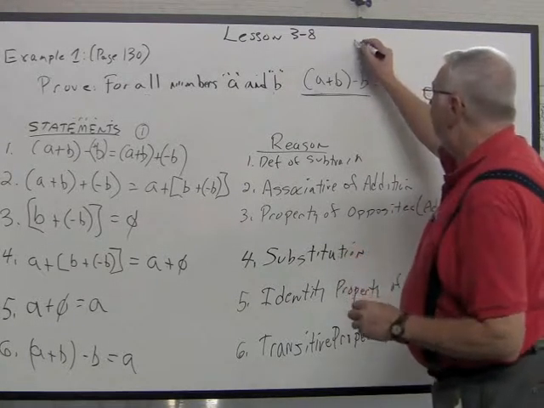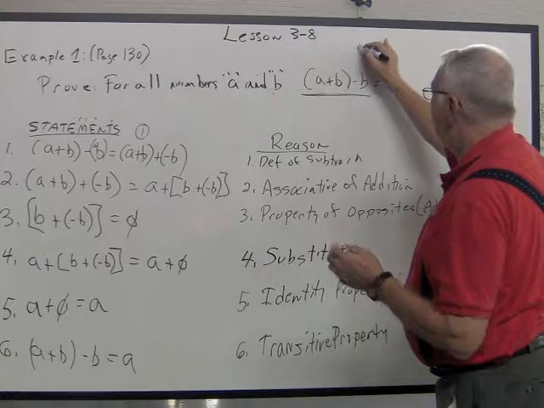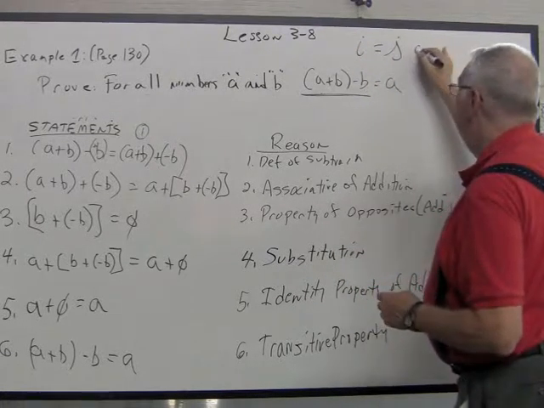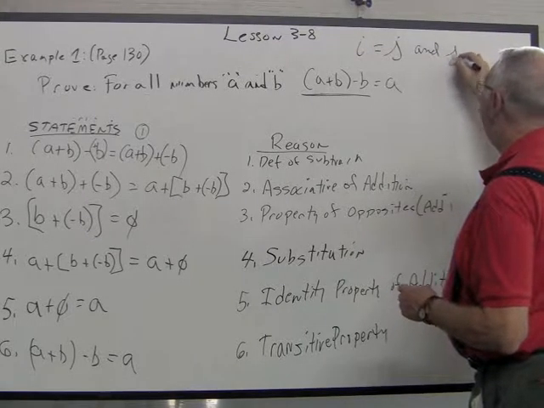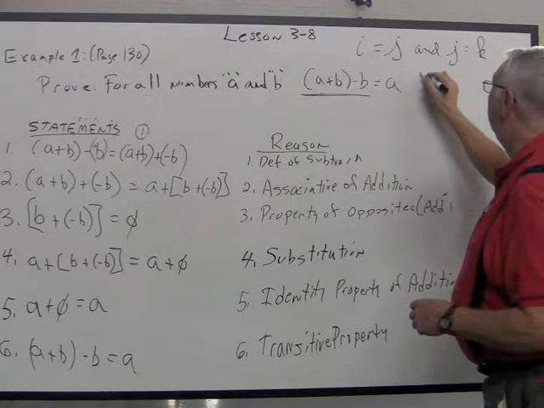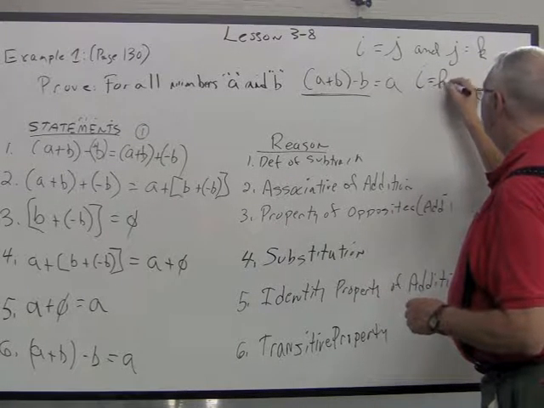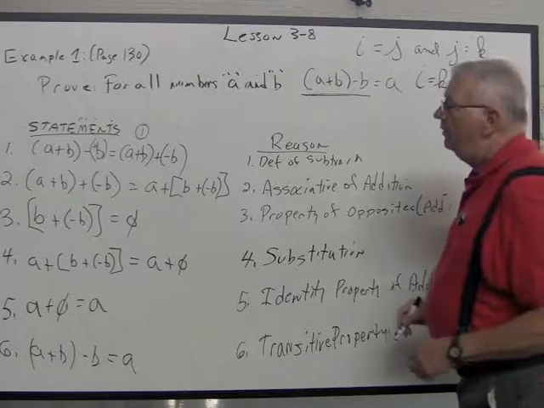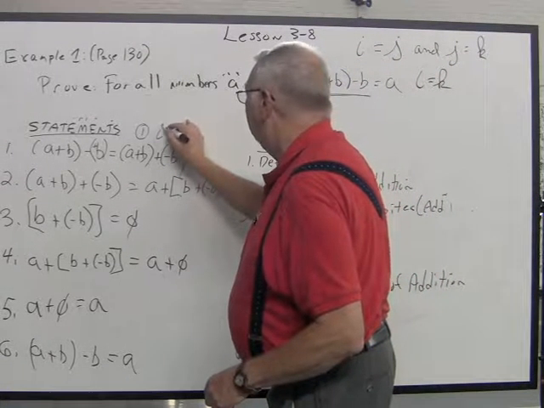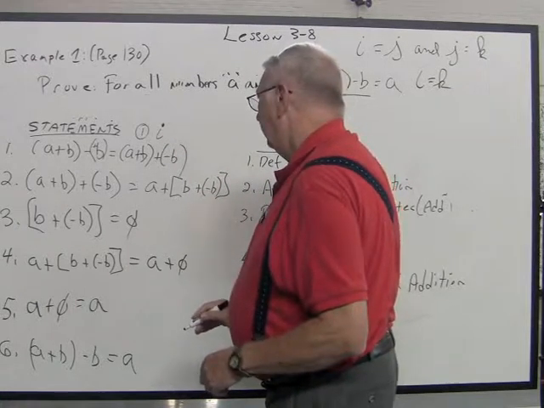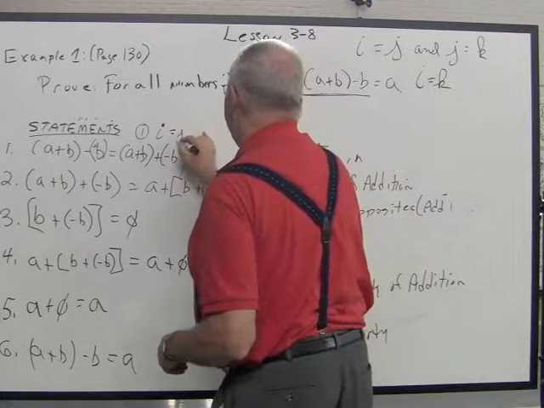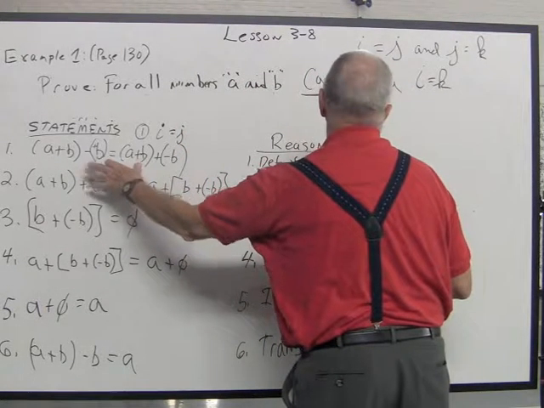And that transitive property, again, is, let's use some different letters: i equals j, and j equals k. Then by the transitive property, i equals k. So this would be my i equals j, that's that statement.